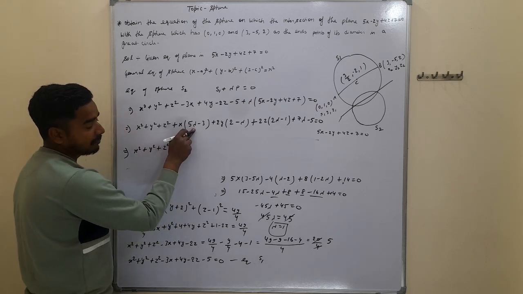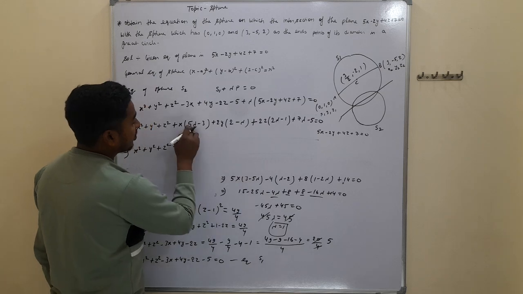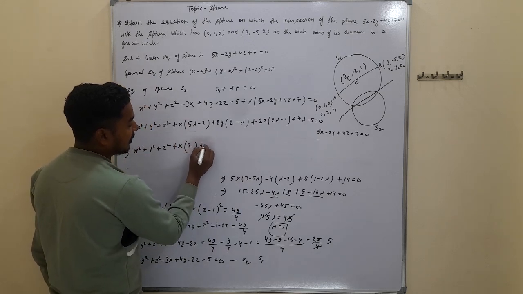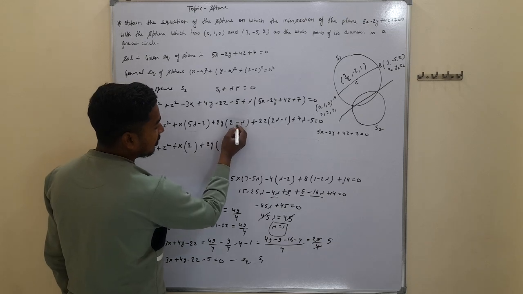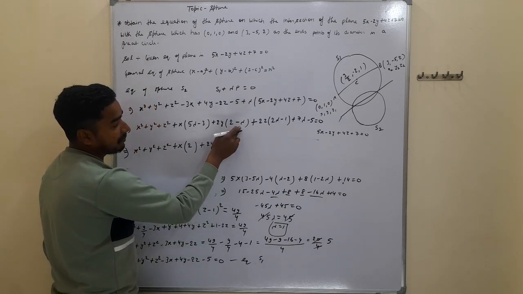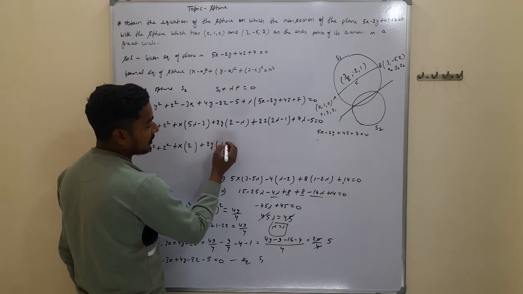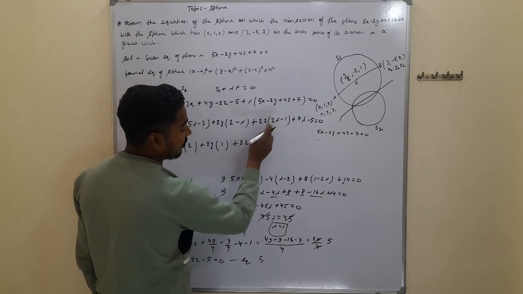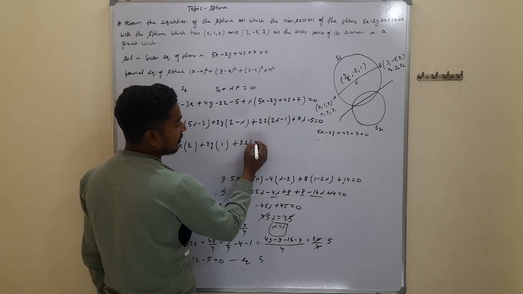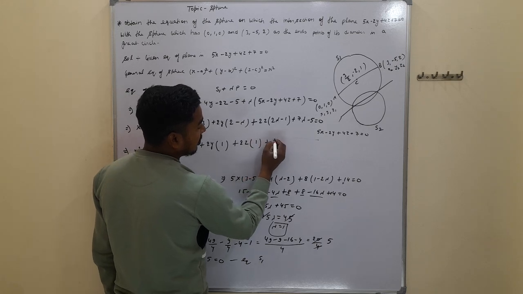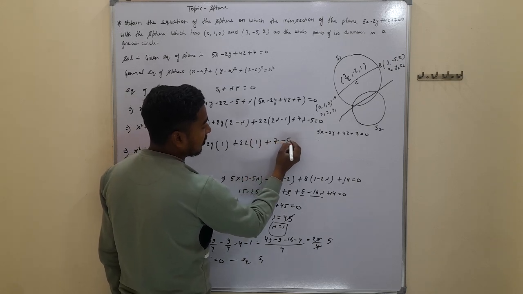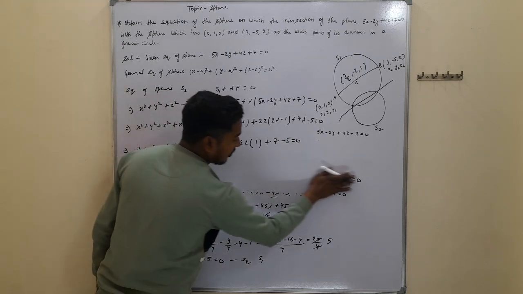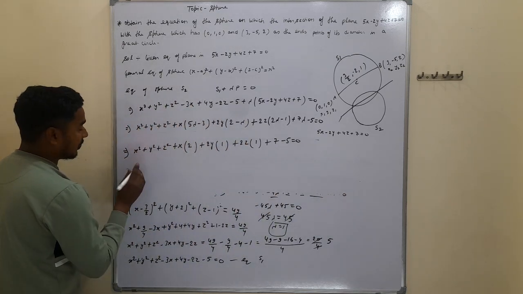Here in place of lambda we put 1: 5 minus 3 is 2, and plus 2y. Here we put lambda as 1, we get 2 minus 1 is 1, plus 2z, here 2 lambda, we put 1, 2 minus 1 is 1, plus 7 minus 5 is equal to 0, and we have to simplify.